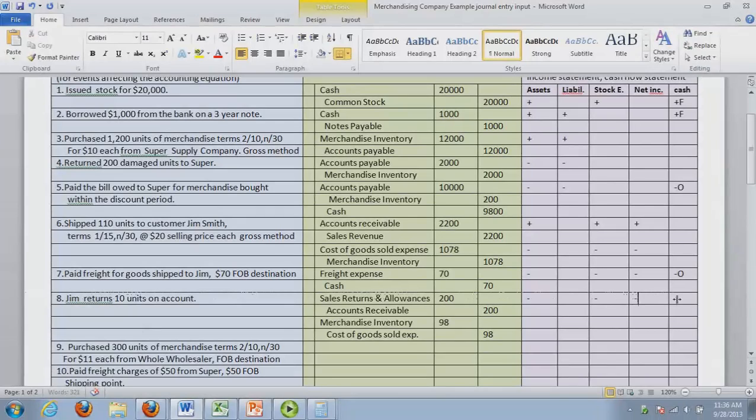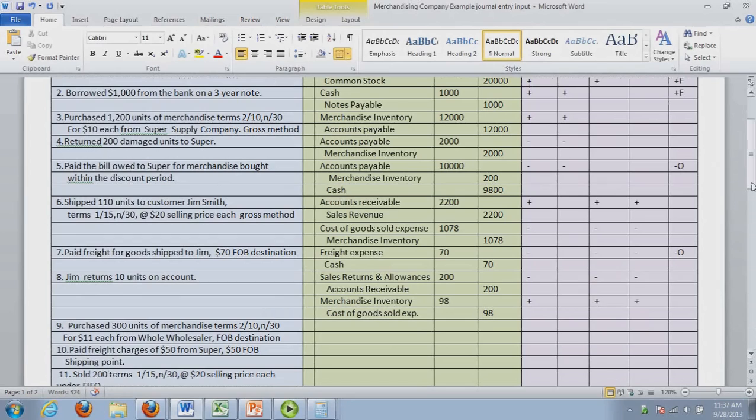Contra revenue is like a negative revenue. And no cash. And then the inventory, it's going back into inventory, so it's going to be an add. Cost of goods sold is being reduced. So if you reduce an expense, retained earnings actually goes up, and your profit goes up because you have less expense. Okay.